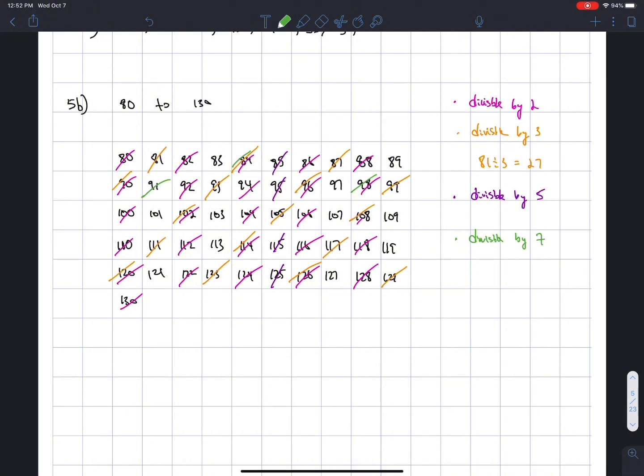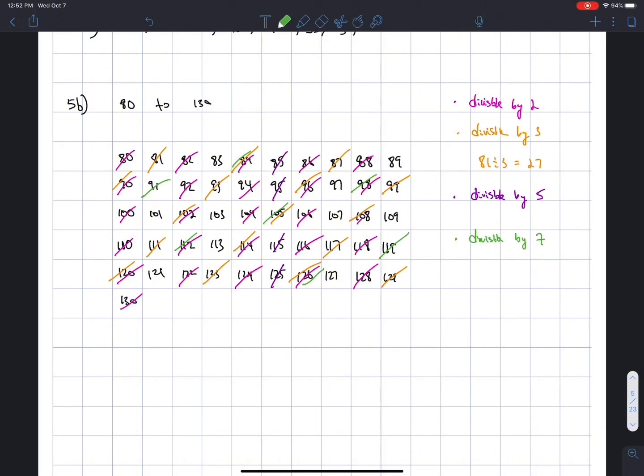Plus 7 is 105. Plus 7 is 112. Plus 7 is 119. And then plus 7 is 126. And that's it. If I plus 7 again, it's going to be 134.